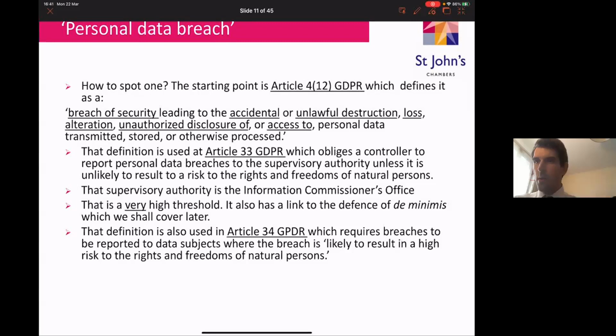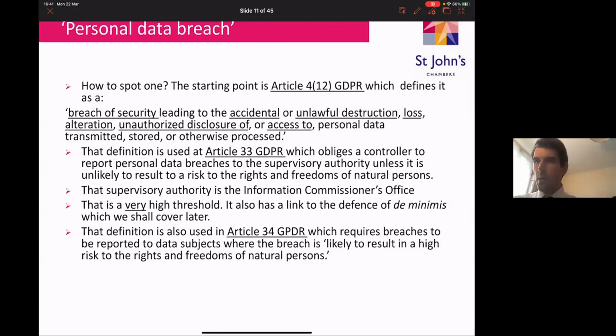I suspect the latter is probably more unlikely than the claimant getting what a data breach is wrong. But the definition is a breach of security leading to the accidental or unlawful destruction, loss, alteration, unauthorised disclosure of, or access to personal data.